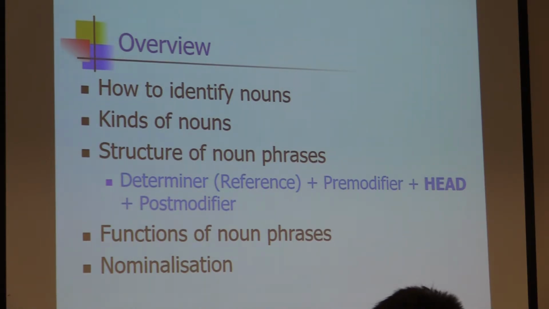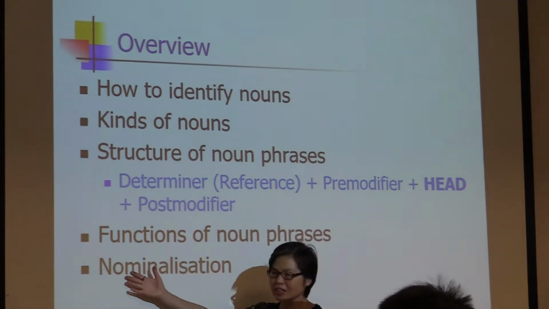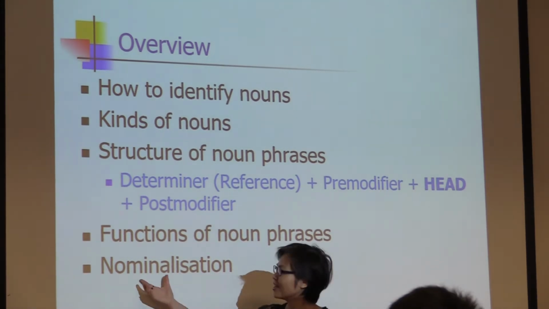All right, finally, we looked at nominalization last time. What does it mean? Changing a verb or an adjective into a noun. Good. And then, for example, this word nominalization is an example already. What is the stem, the root of this word?